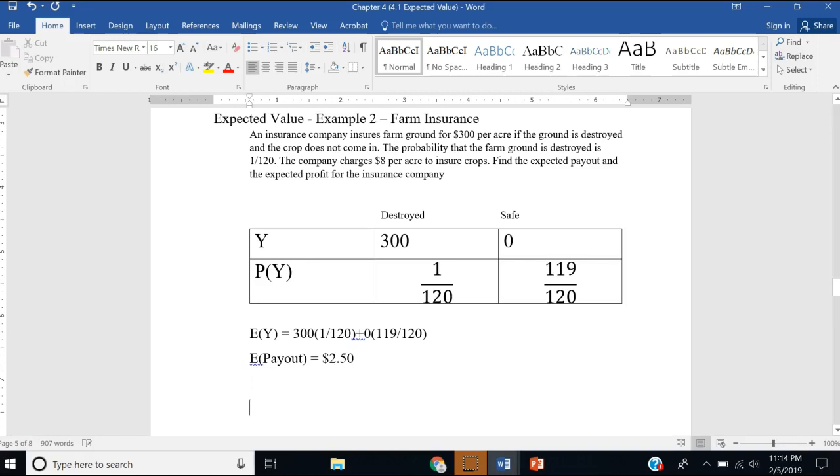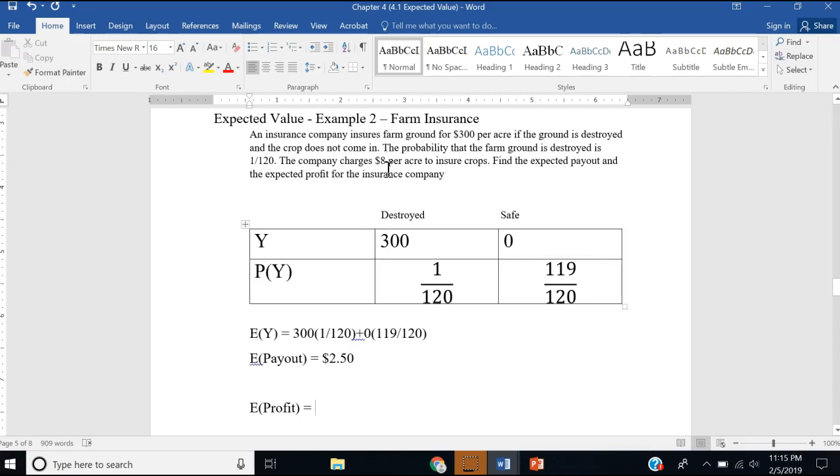Now, when you go to find a profit, we could create another probability distribution if we wanted to, but it's easier to think of the profit this way. The insurance company is going to pay out $2.50 on average. How much are they going to get for every acre?